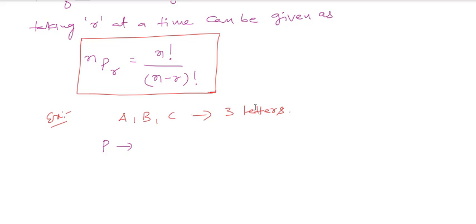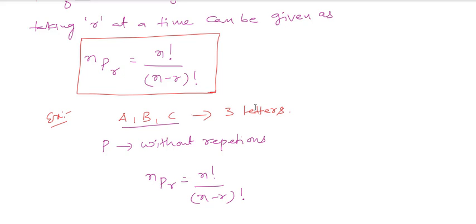You know that nPr is n factorial by n minus r factorial. So here, 3 letters taken 3 at a time: 3P3, which is equivalent to 3 factorial divided by 3 minus 3 factorial.